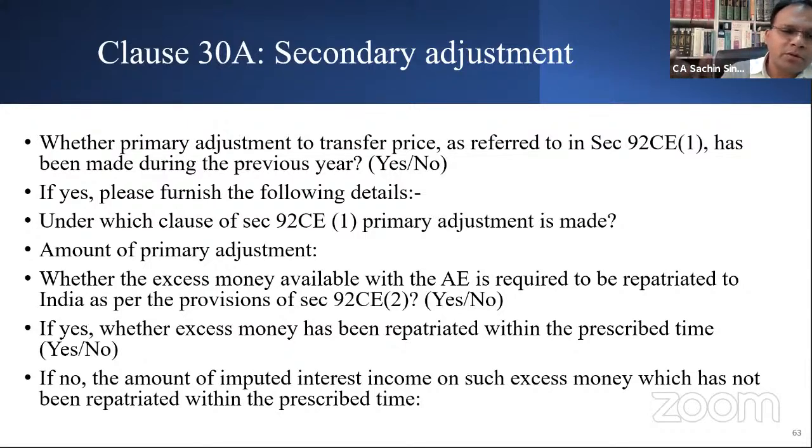The transfer pricing auditor is the one saying whether there is a primary adjustment or not. So I think this point should be removed from the tax audit report and put in the transfer pricing report. If the transfer pricing auditor and the tax auditor are the same person, then that will be reported in the 3CEB. If they are different persons, then in that case also it should be reported in 3CEB. I don't know why they want to ask this point from the tax auditor if the tax auditor is not the transfer pricing auditor.